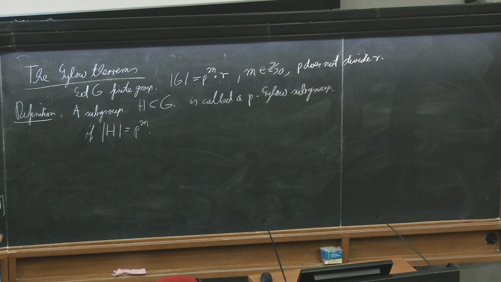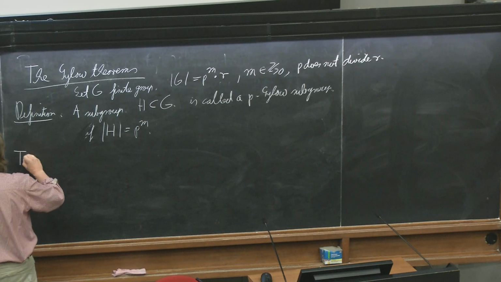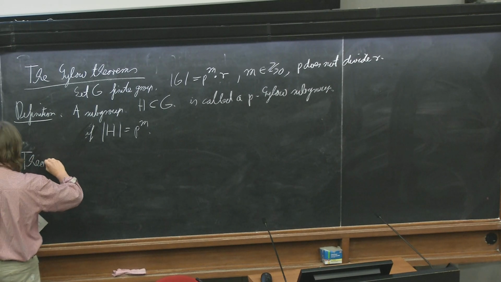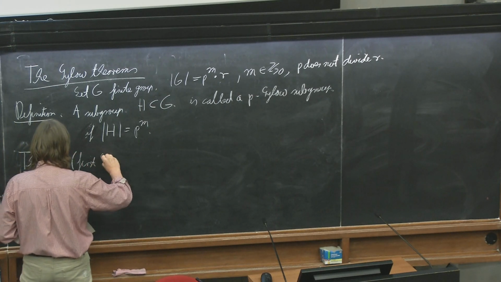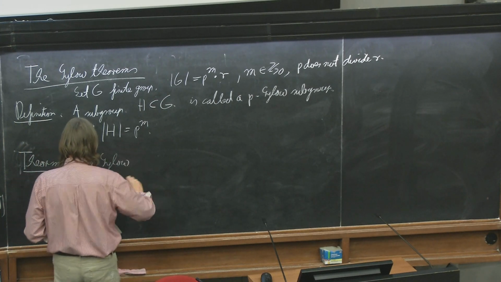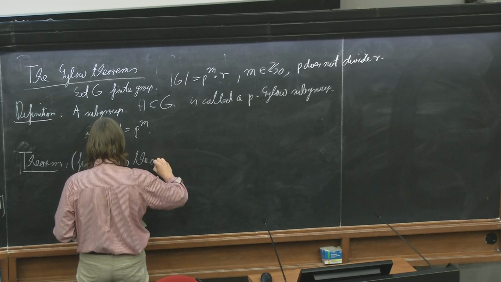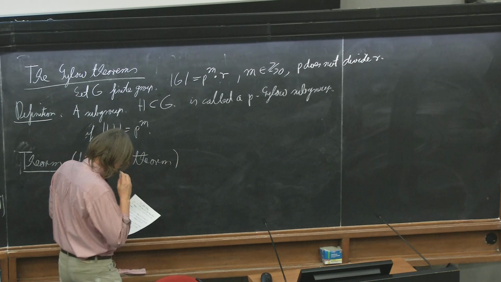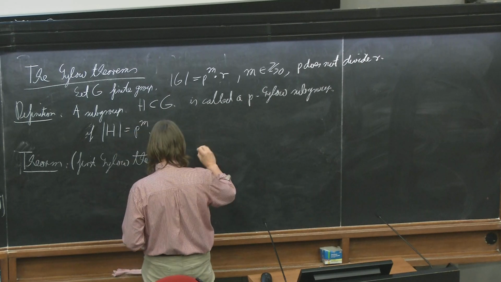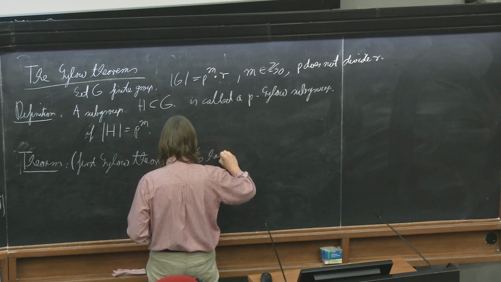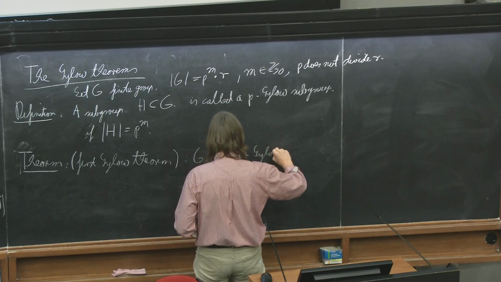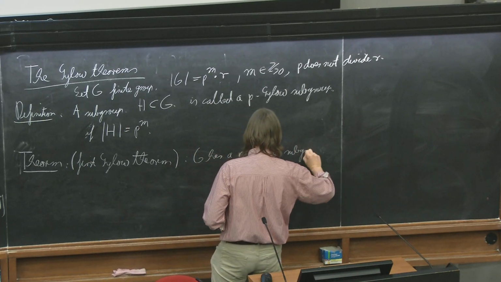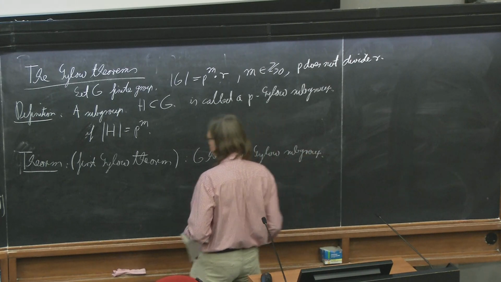Now the first Sylow theorem says that G has a p-Sylow subgroup. There will always be such a group with this number of elements.